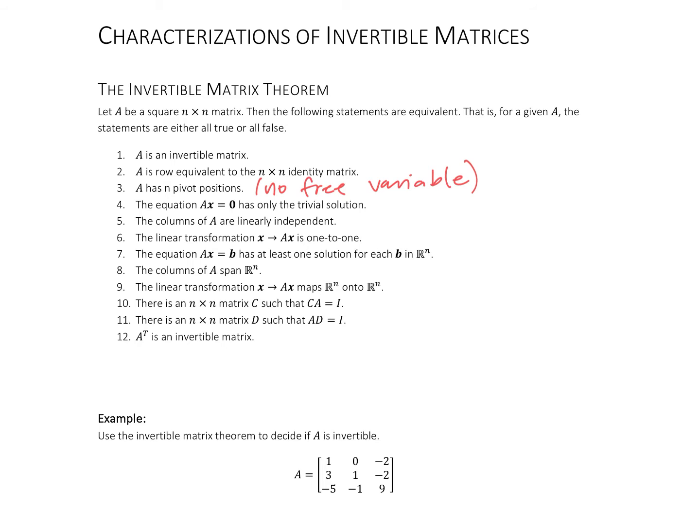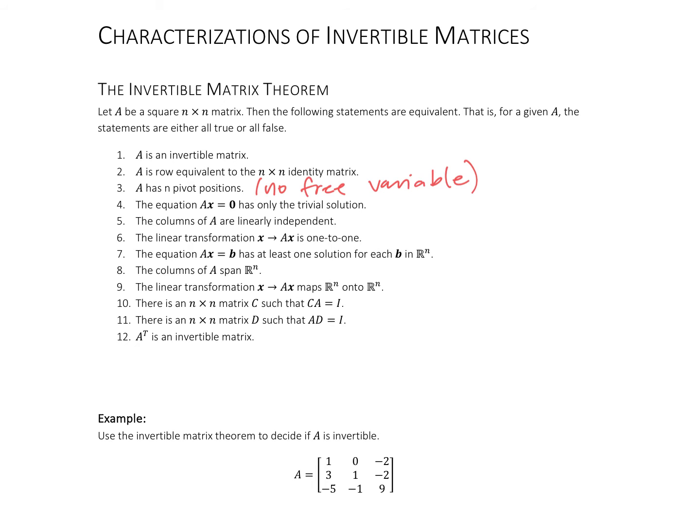And we can determine whether or not I have no free variables without actually having to do any kind of augmented matrix. All we need to do is row reduce that particular matrix and see if we end up with pivot positions in every column. The equation AX equals 0 has only the trivial solution, right? So our homogeneous equation has only the trivial solution, means that it is invertible.